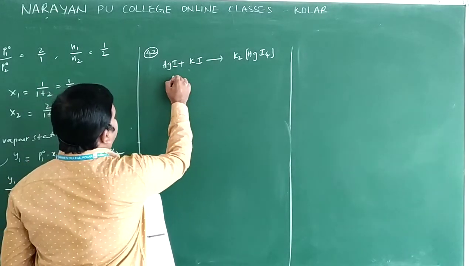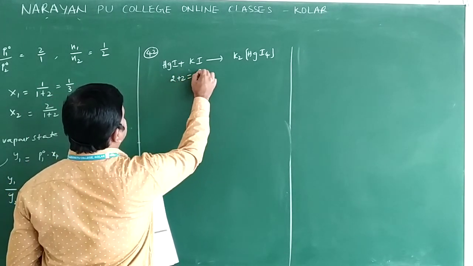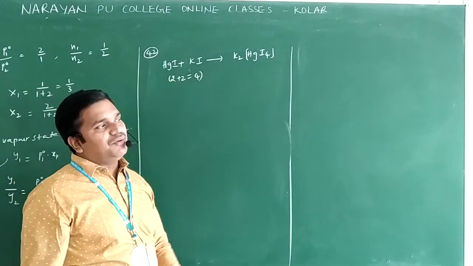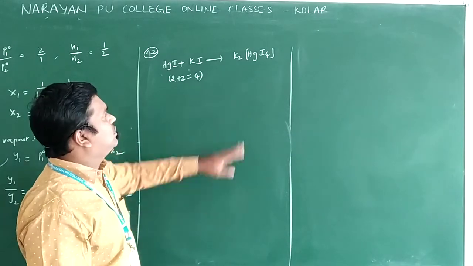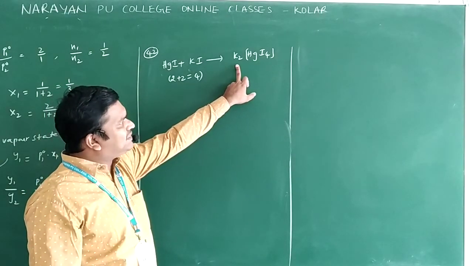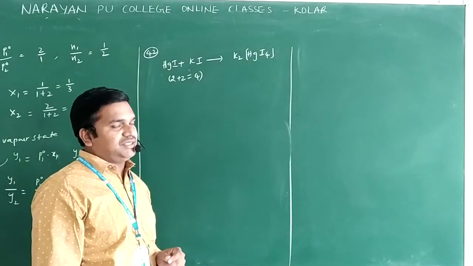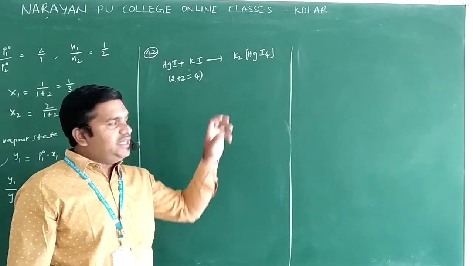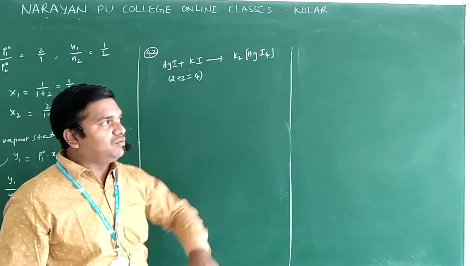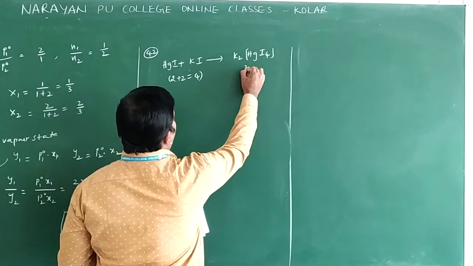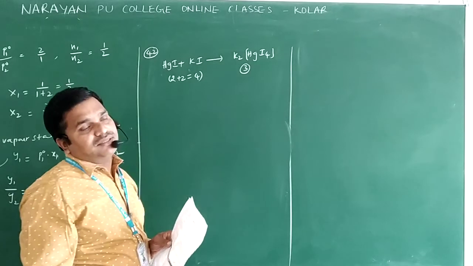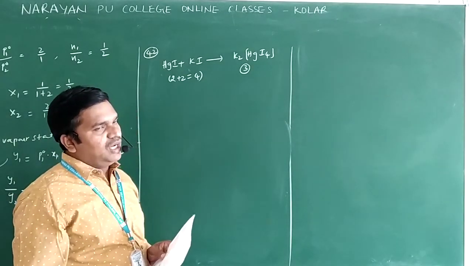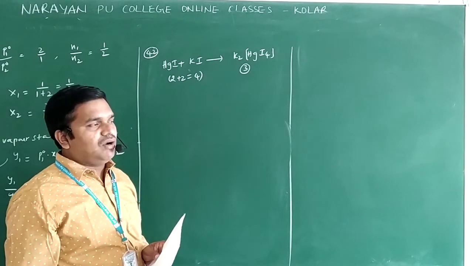The total number of ions is 4. Now after the reaction, we have 2K plus and HgI4 2 minus. Here 2 and this is 1, total 3 only. So before the reaction 4, after the reaction 3.